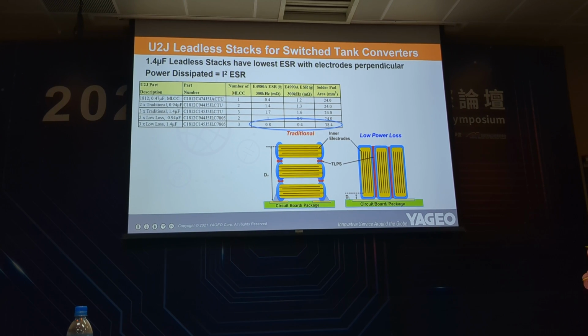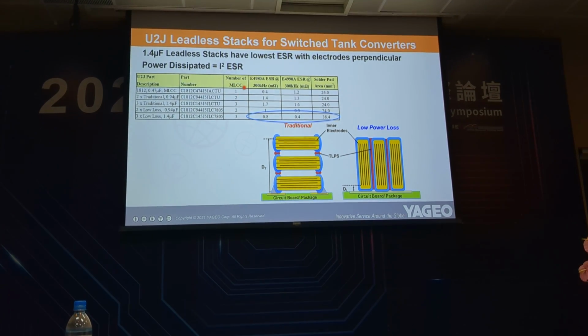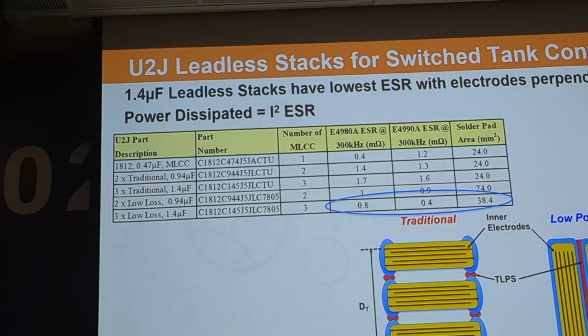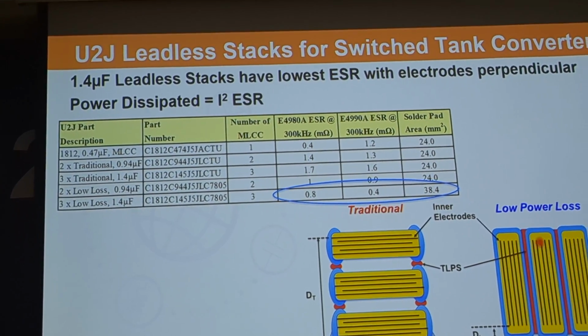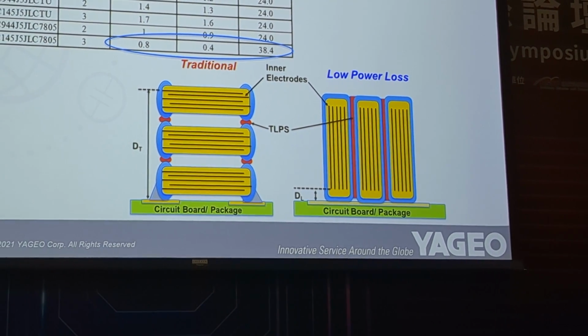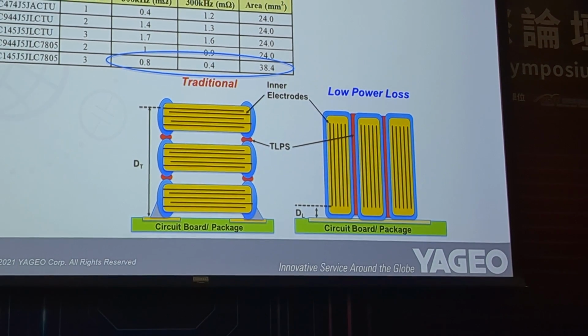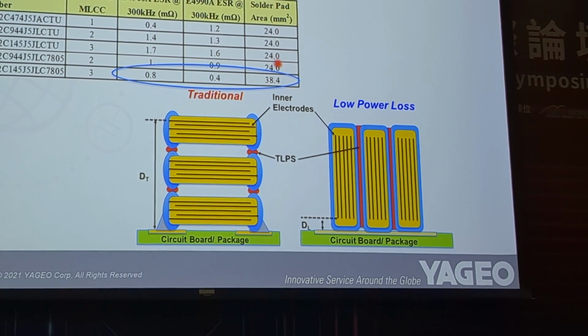So we compare, as you can see from this table, the number of MLCC as a single chip, 2 stack, 3 stack, and so on. And as you can see, with the low loss orientation, the final stack has a lower ESR. But of course, the solder pad area is a bit higher than the conventional stack.